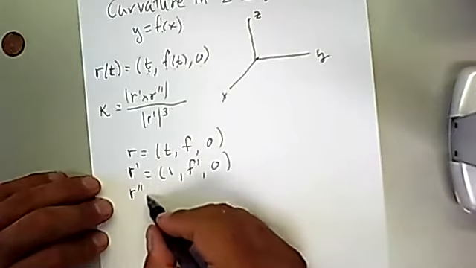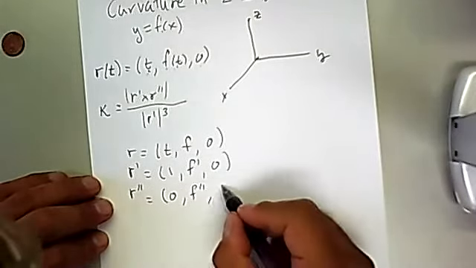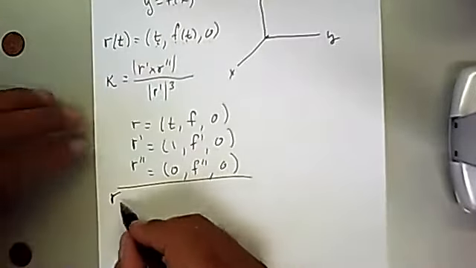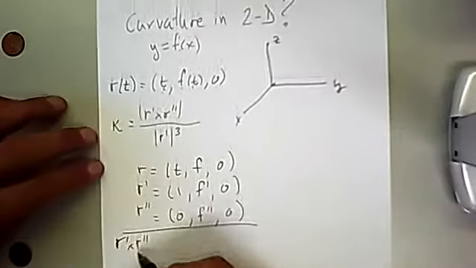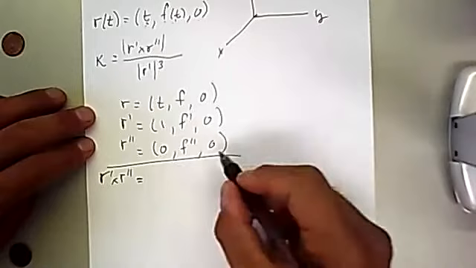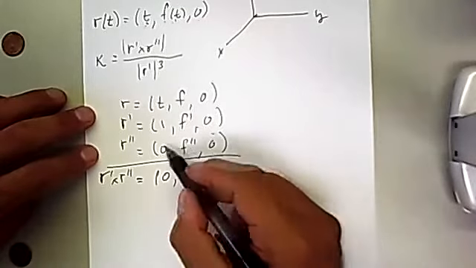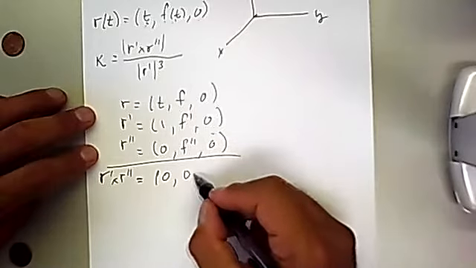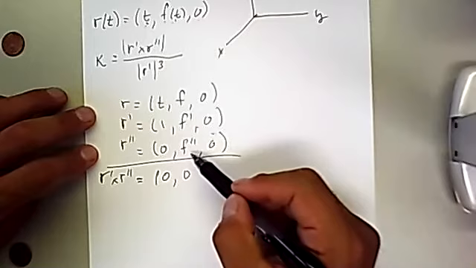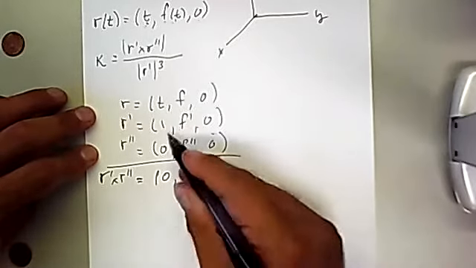R double prime, 0, f double prime, still 0. But now we're going to cross r prime with r double prime following this formula. And we got a lot of zeros here. So this is going to give us 0, 0 when we do the cross product. And the only thing that is going to survive is 1 times f double prime.